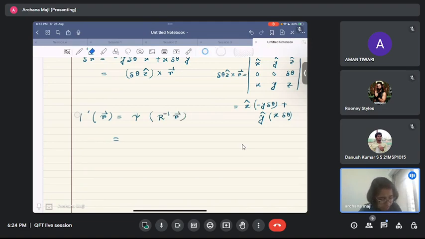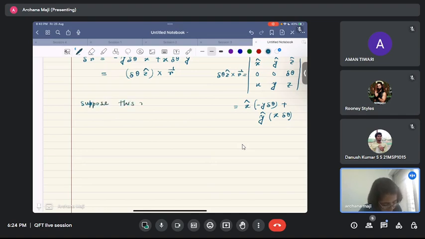What I'm saying is, suppose this rotation about the z-axis by angle delta theta is a symmetry of your system. What does that mean?